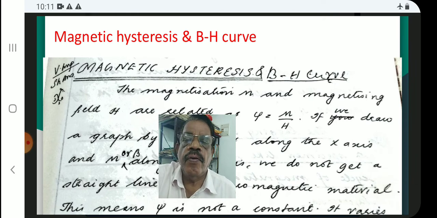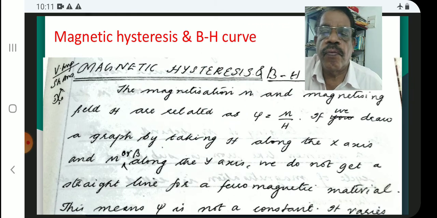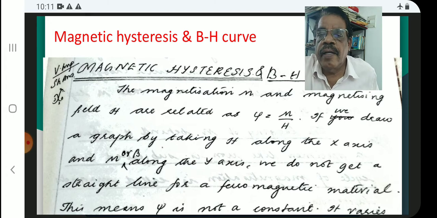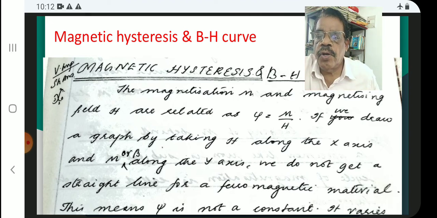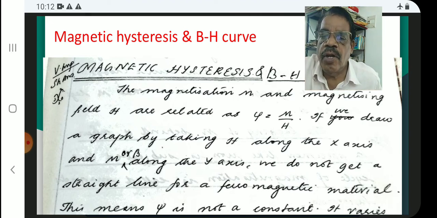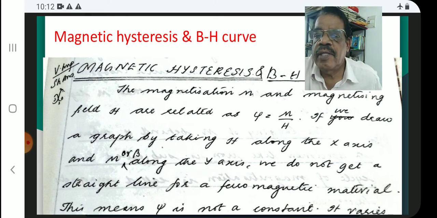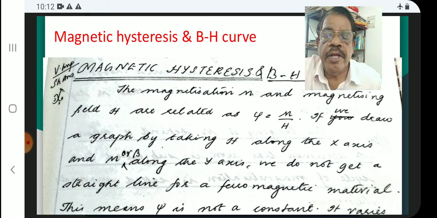If we draw a graph by taking H along the x-axis and M or B, magnetization or magnetic flux density, along the y-axis, we do not get a straight line for a ferromagnetic material.